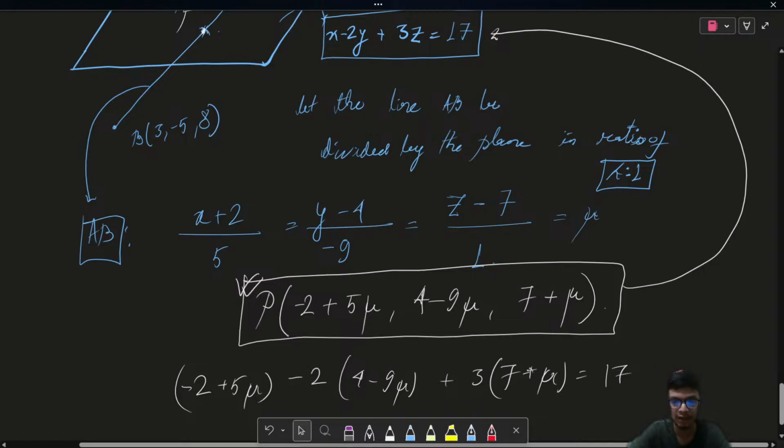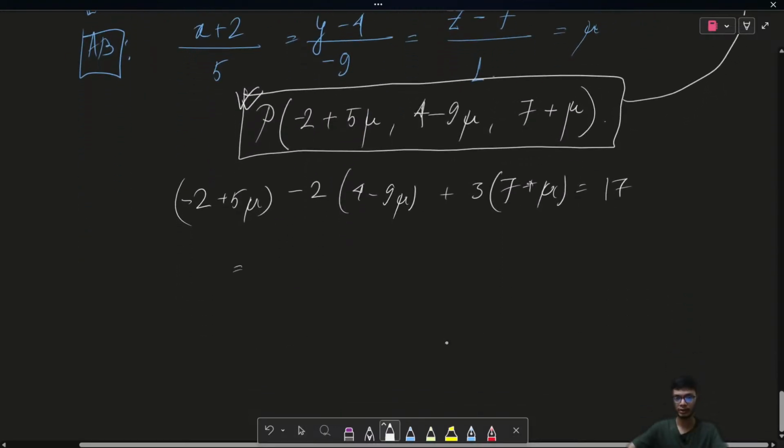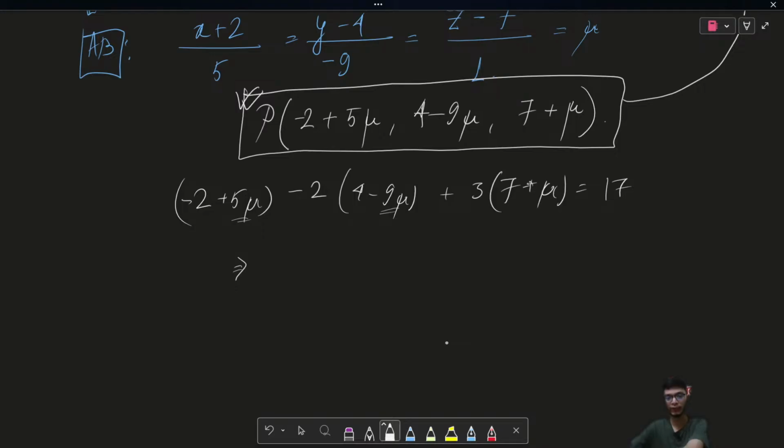Okay, so if I carry out these calculations, you can also do this calculation by yourself. Anyways, so 5 mu and this will be 18 mu. So 5 plus 18 would be 23 mu plus 3 mu would give you 26 mu, right?